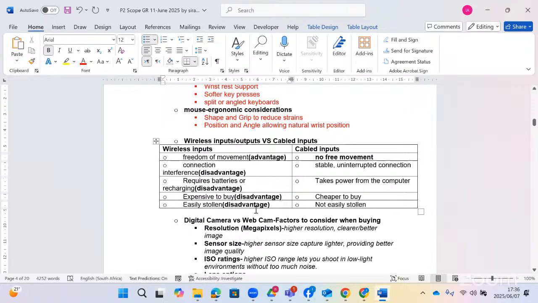So here, the free movement or portable, those are the advantages. Now, cabled one, there's no free movement, so this one becomes the disadvantage for a cabled.